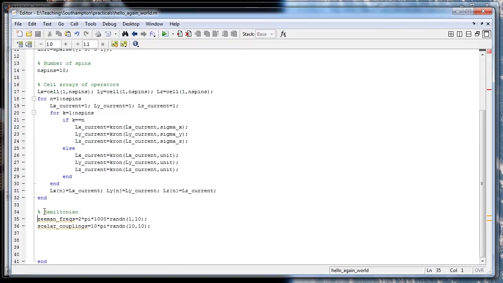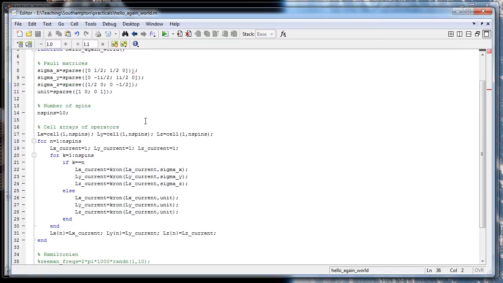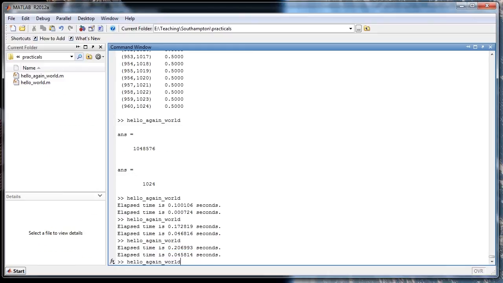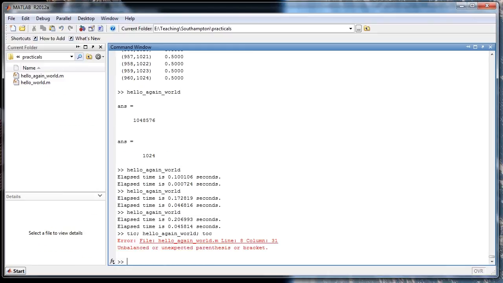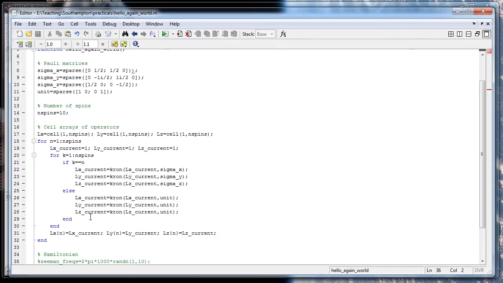Right, well, let's run it actually. I vaguely remember it took about half a second up to this stage previously. Let's see how long it takes this time around when everything is sparse. So if both operands in a matrix operation are sparse, the sparsity is inherited, so it will be transparently transferred through the kron operation. Let's see how long it takes now. So tick-tock, hello world, unbalanced expression, I've missed a bracket somewhere. Let's see where that is, here.